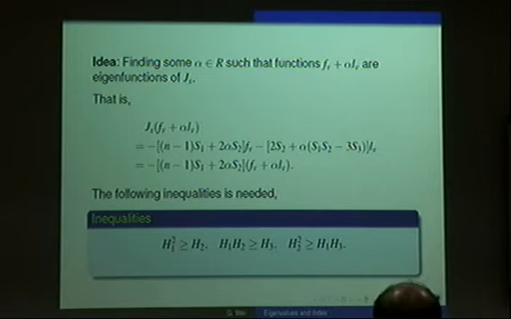So the idea is that we try to find some eigenfunctions of this Jacobi operator. Moreover, we also need the following inequality, this inequality, H1 square is less than H2 and this one. Then we can prove our theorem.